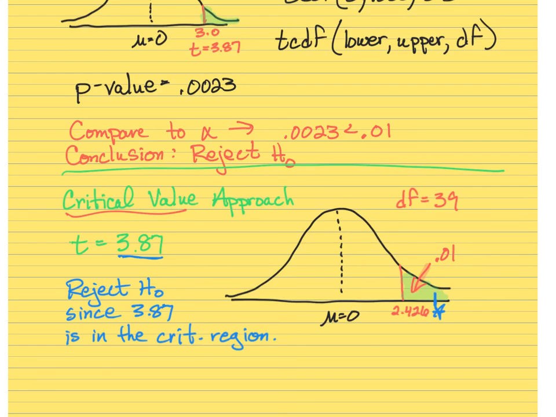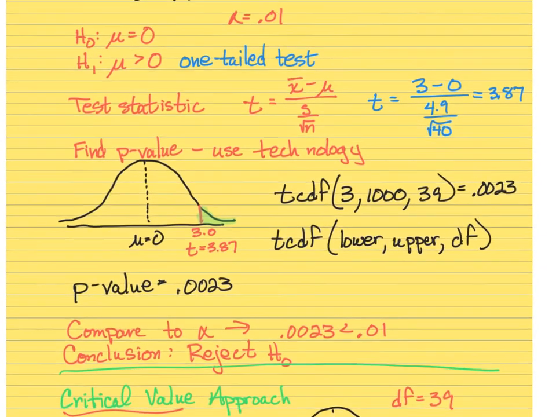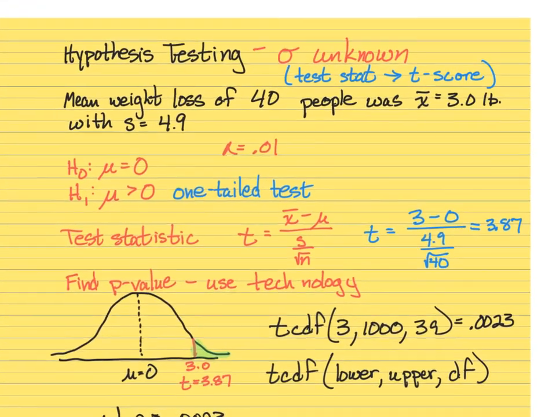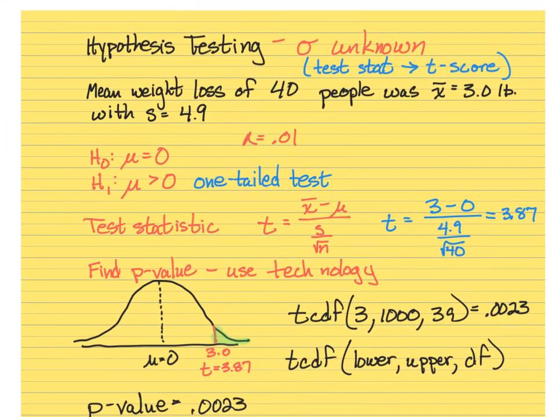But this is how we do hypothesis testing when we're testing claims about the population mean when sigma is unknown. And also, I'll just mention this one more time, this is a one-tail test. So I'll throw up another example of a two-tail test, and you should watch that. And then another example of when sigma is known, how it changes.